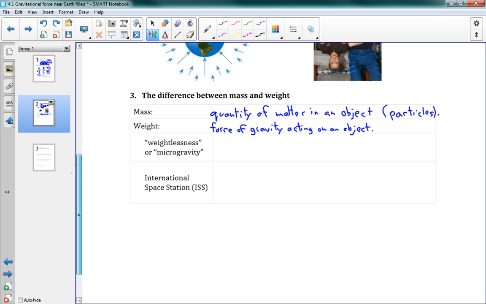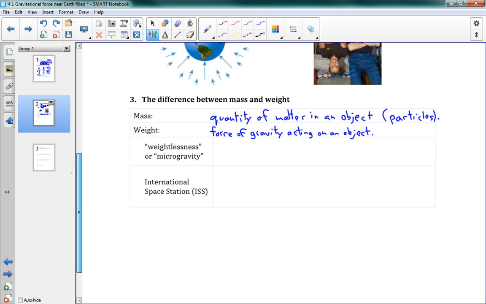Now, still, on the International Space Station, they experience a very similar amount of gravity than we do. They are operating at a g of 8.69 newtons per kilogram, which is not far off from our 9.81. So again, why is it that they're floating?